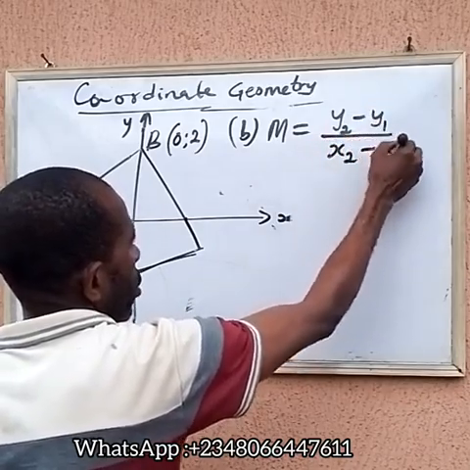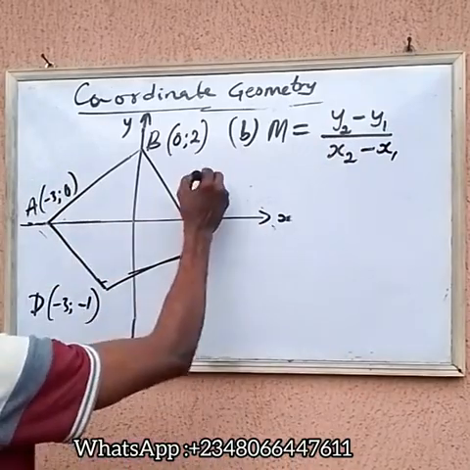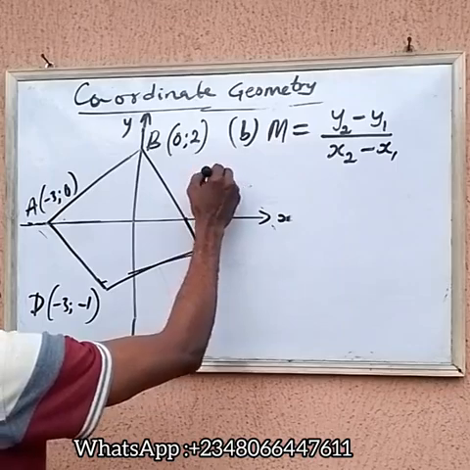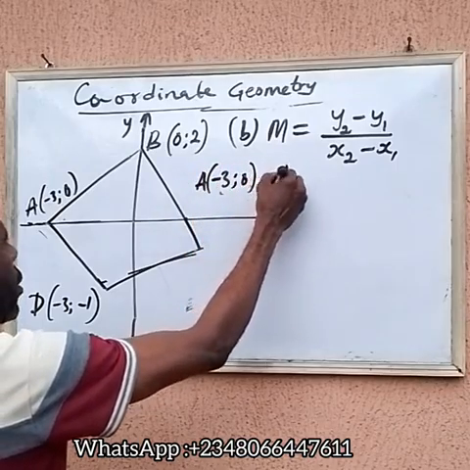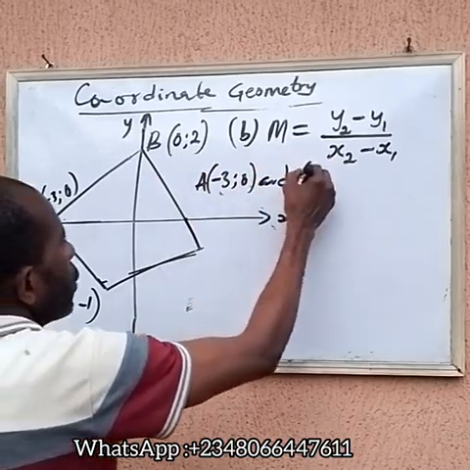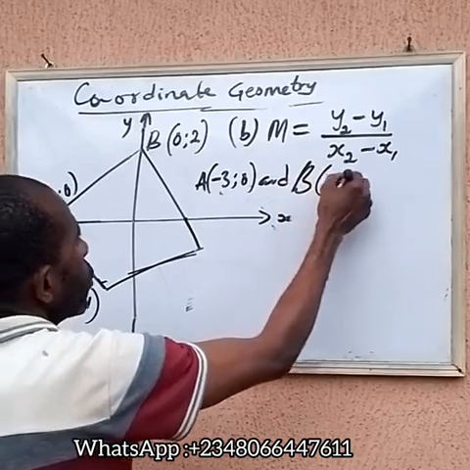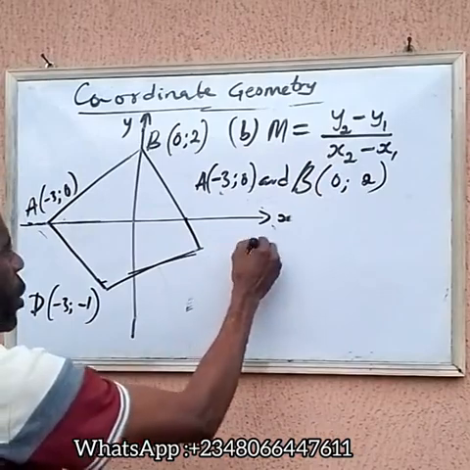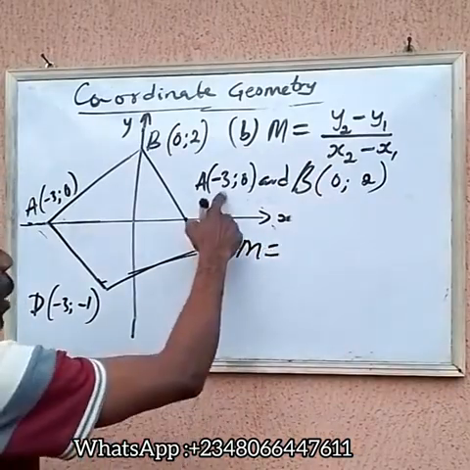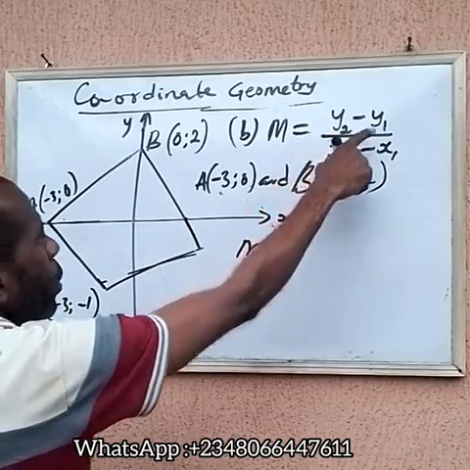Now, between point A, with coordinates -3, 0, and point B, which is 0, 2, let's plug in these values. m equals y2 minus y1.